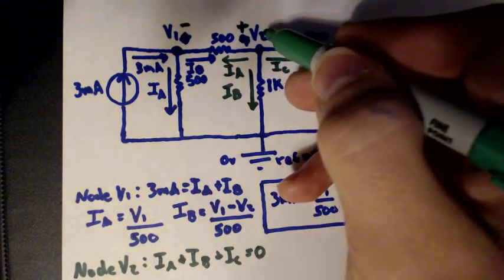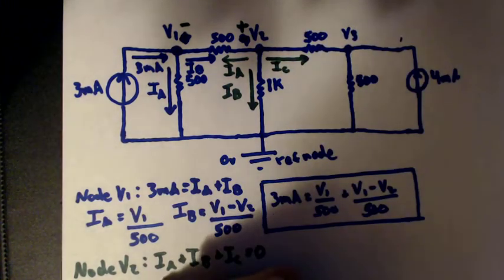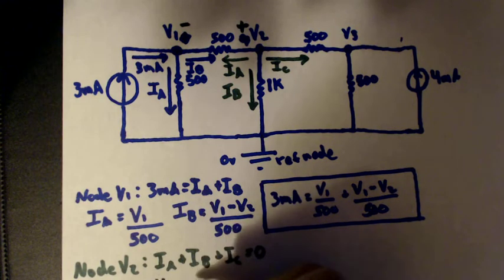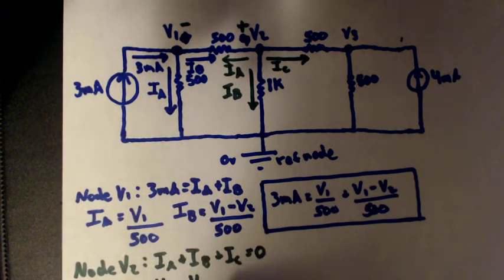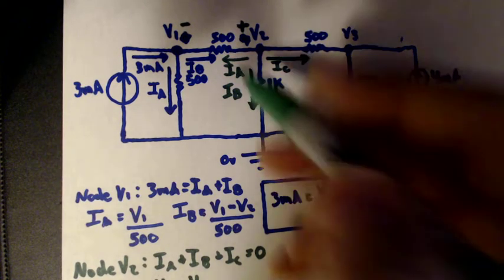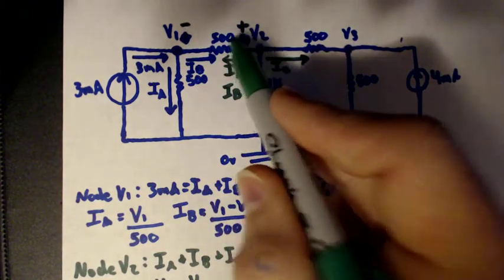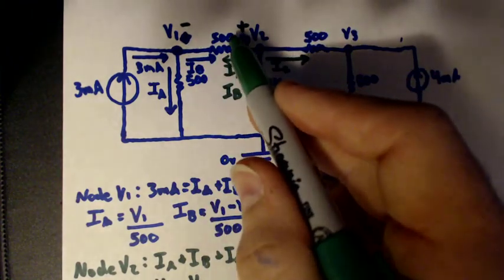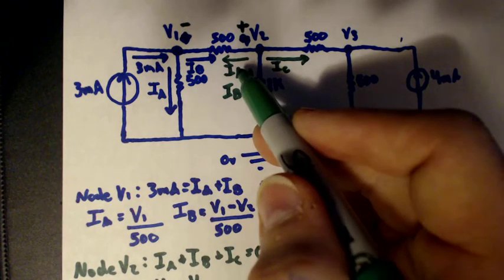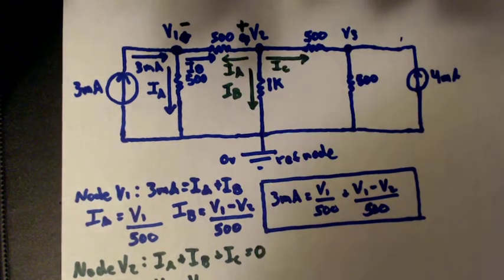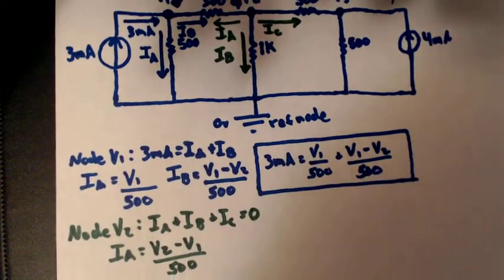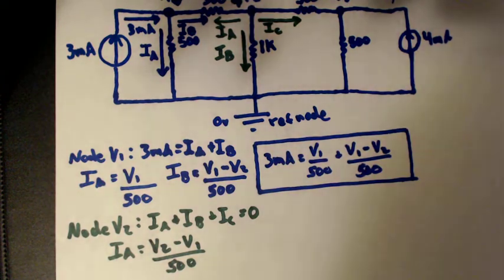So plus V2 minus V1, all of that divided by 500, right? So the voltage drop across the 500 divided by 500, that's just Ohm's law, gives us the current IA. So we got IA covered.